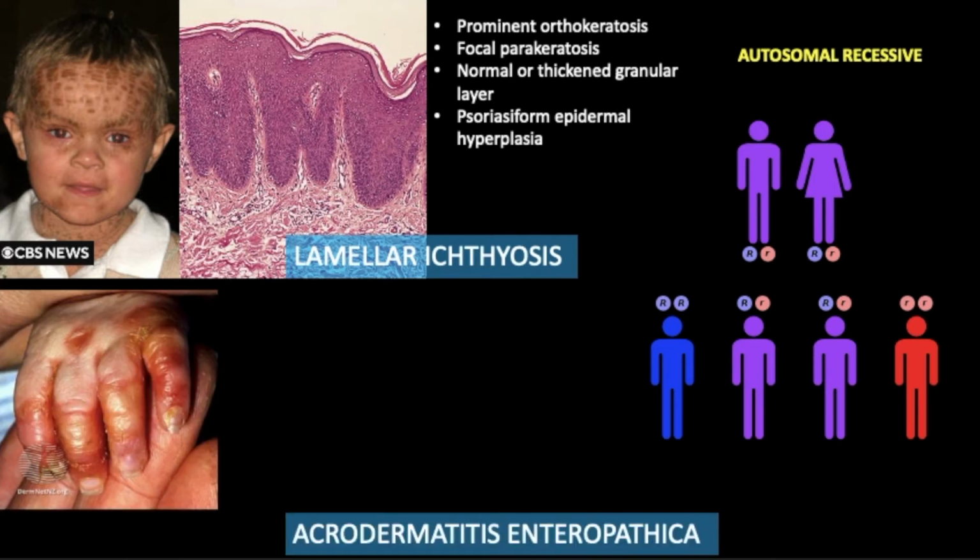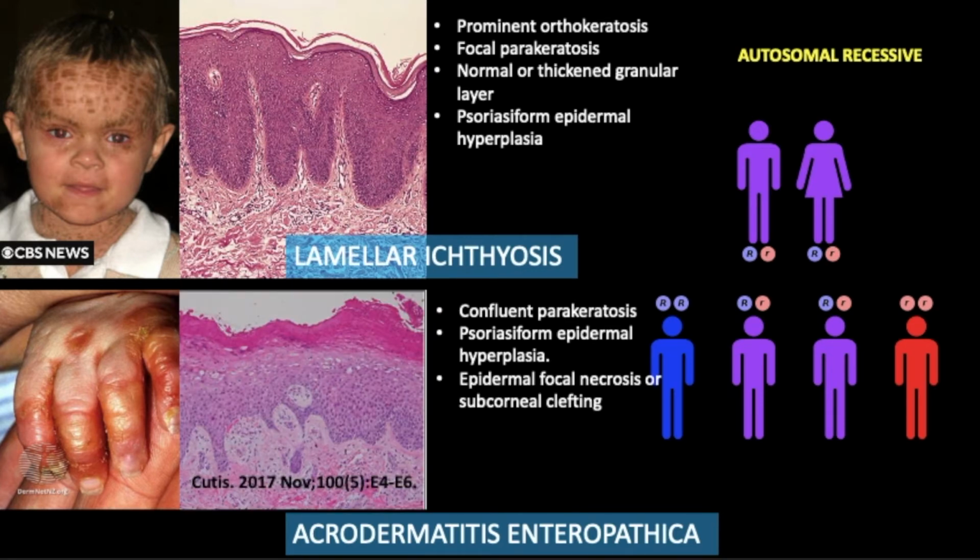The other condition is acrodermatitis enteropathica, where because of these lesions on the skin, in addition to the other features that we see in psoriasiform hyperplasia, we see the necrosis of the epidermis and subcorneal clefting.